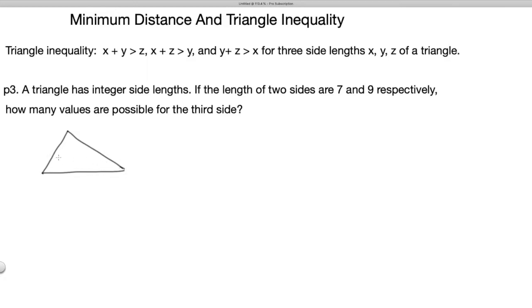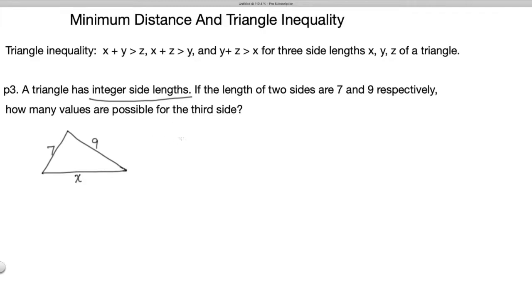We know the two sides are 7 and 9, and let's call this x. How many different values are possible for x? It's important that they are integer side lengths. Without this, there are infinite possible values for x. But when it's an integer, then x will be limited.